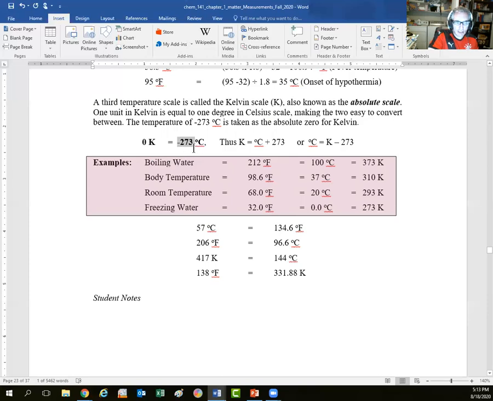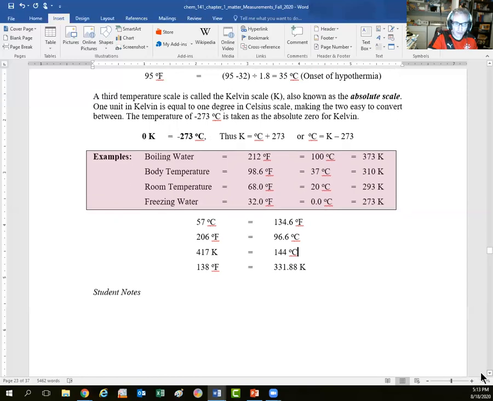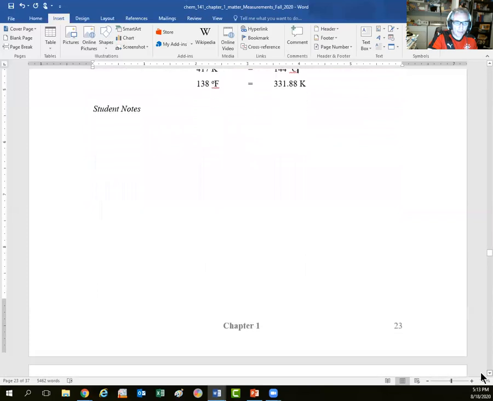Add 273 to the Celsius value to turn it into the Kelvin equivalent. That's probably the comparison which is easiest to remember. 0 Kelvin, absolute coldest temperature, is minus 273 degrees Celsius, or minus 273.15 to keep the nerdy people happy. So that's the last kind of conversion we have to do.